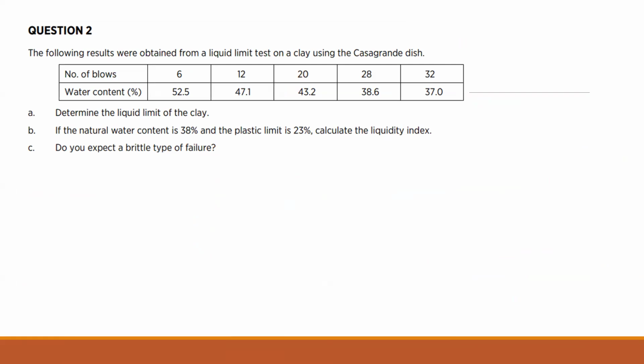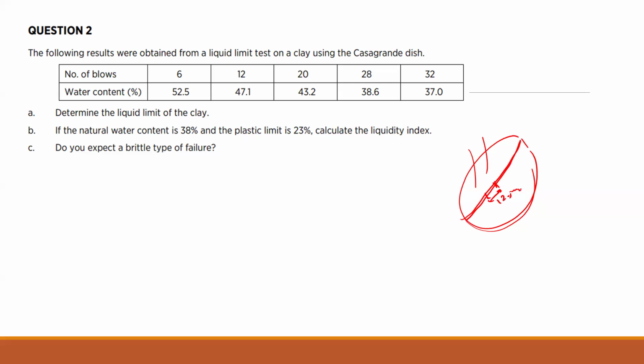In the second question, it's a very easy one. It's the Casagrande test. I hope you remember. We have a bowl, we put our soil here with different moisture content. We make a groove first and we blow it. We are counting the number of blows required to close the gap along 12.5 millimeters.